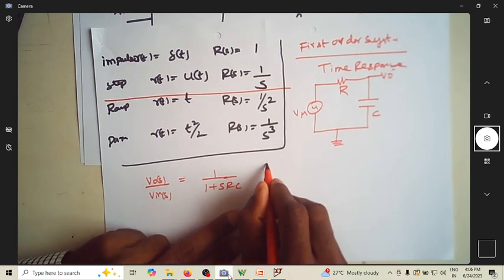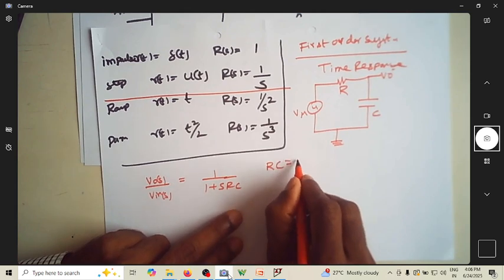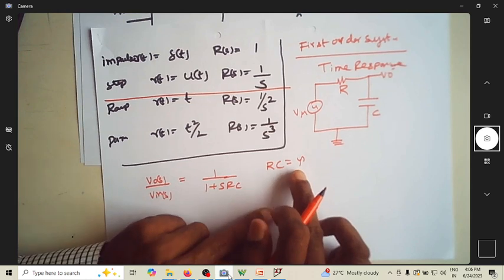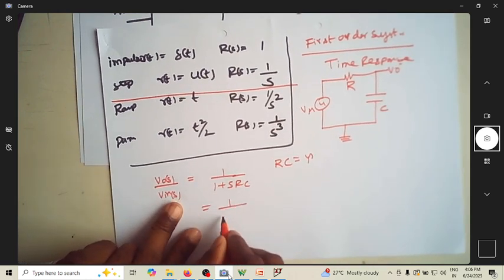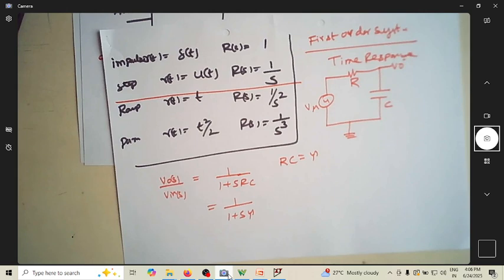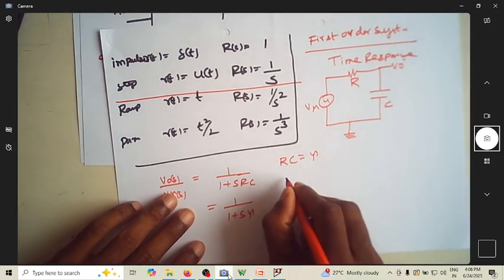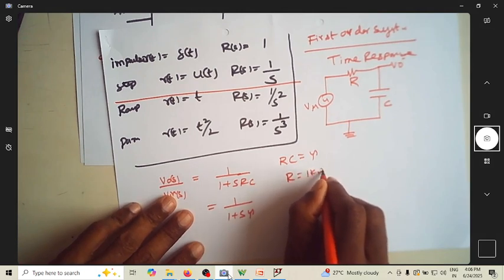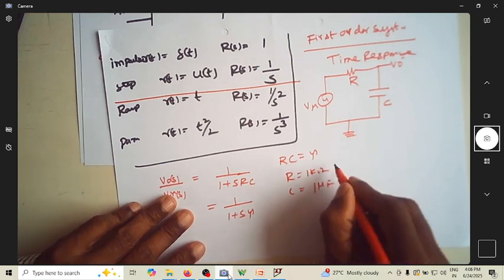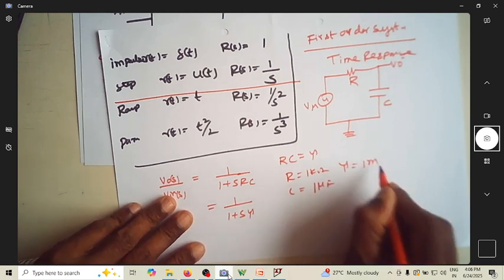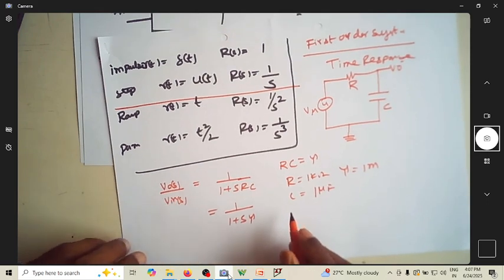I can rewrite RC as tau because tau corresponds to the time constant. So the expression is 1 over 1 plus s tau. Now let us assume that R is equal to 1 kilo ohm and C is equal to 1 microfarad. Then tau becomes 1 milli second.